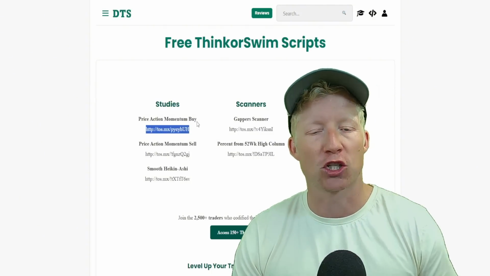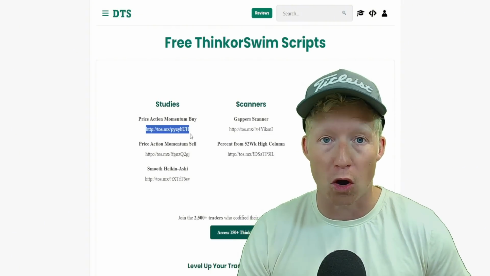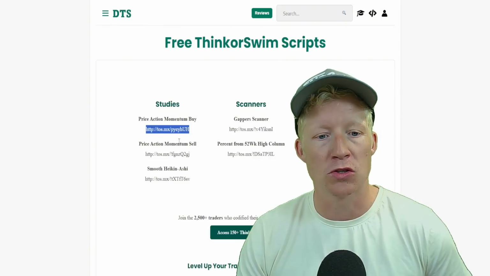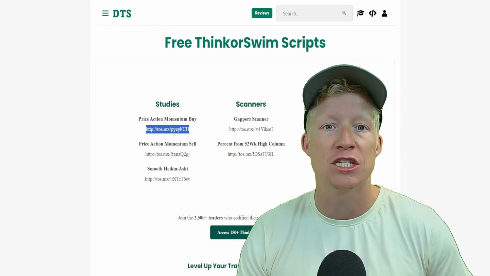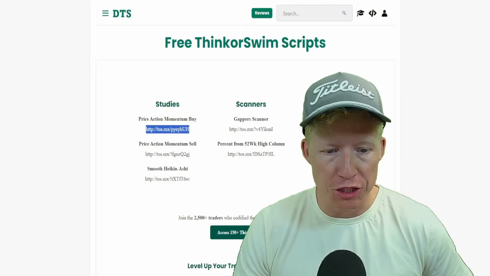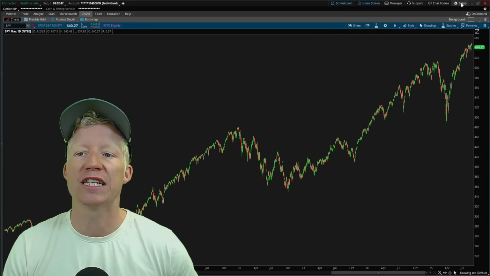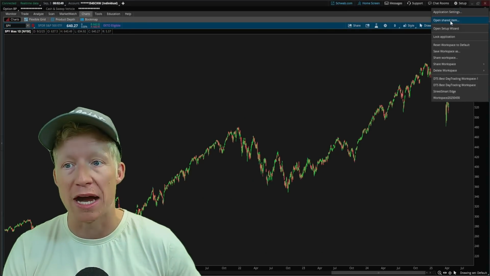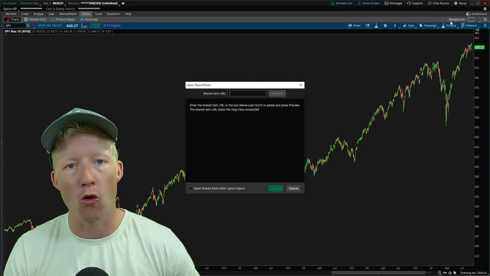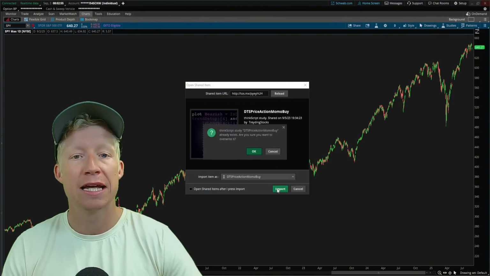And I'll actually leverage this quickly to show you how easy it is to import the code. So every single one of the 150 plus codes on the website comes with one of these unique TOS share links. All you need to do is copy this URL. Then back within your ThinkorSwim application, you're going to go to the setup cog in the top right. From this drop down, go to open shared item, paste in that link, preview, and import.